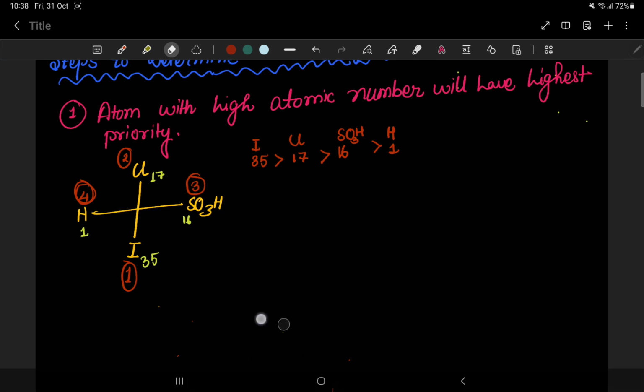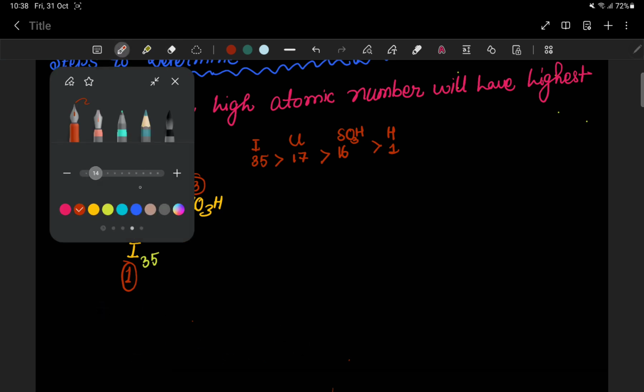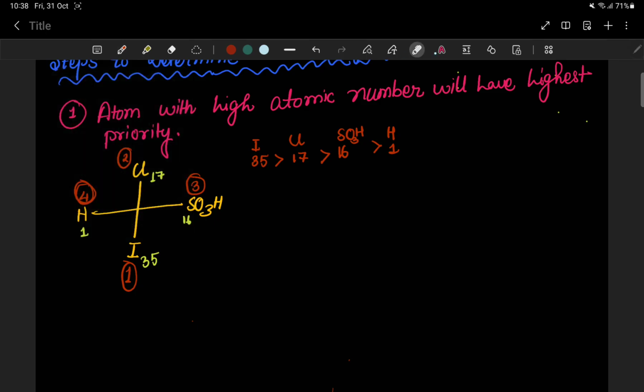Fine. Once you set the priority order, what will you have to do? Rotation. Let me take this one. How will you show this rotation? From 1 you will go to the next one. You have to cover each and every position. You can see this is the lowest priority in the horizontal position.